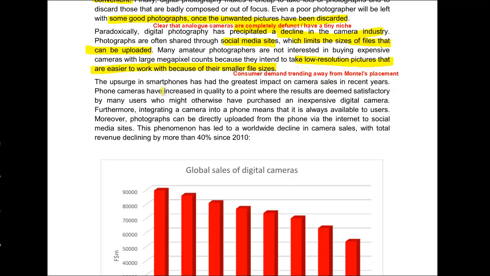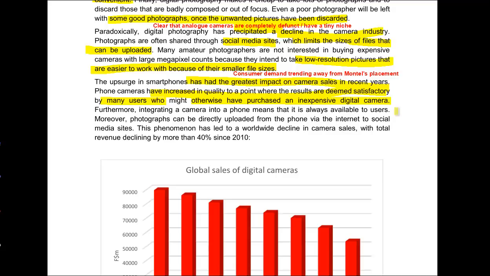We see the mention of smartphones, which I've already harped on about, I apologise, but has had the greatest impact on camera sales, increased to the point where results are deemed satisfactory for many users. However, it says who may otherwise have purchased an inexpensive digital camera.